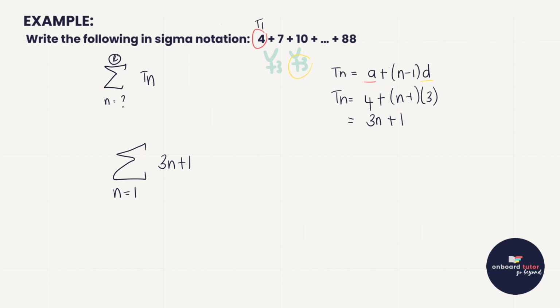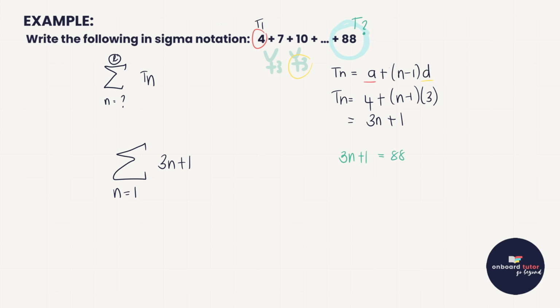Okay, so let's look at what we've been given that we haven't utilized yet. And that's the fact that this goes all the way up to 88. So I can use this general term that I've just calculated, and I can say which term number is equal to 88. So if we say 3n plus 1 equals 88, and then we solve, it'll help us determine what we substitute in there.